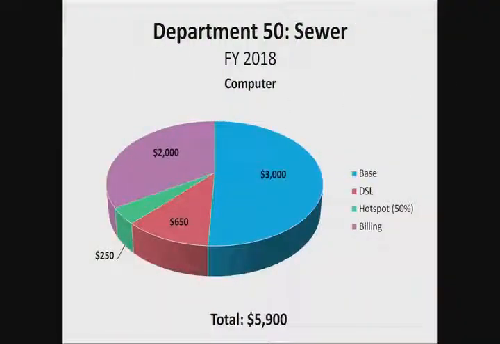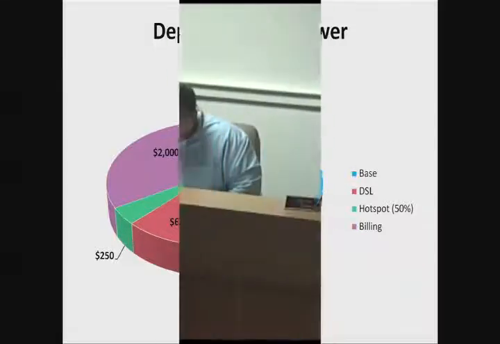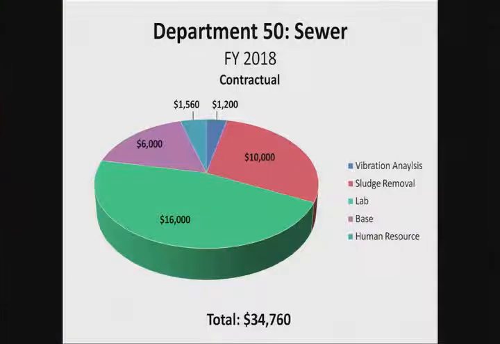Moving on to account 5505 contractual, last year's budget for that was $45,950. This year it is $34,760, and that's a breakdown of the contractual for the sewer.